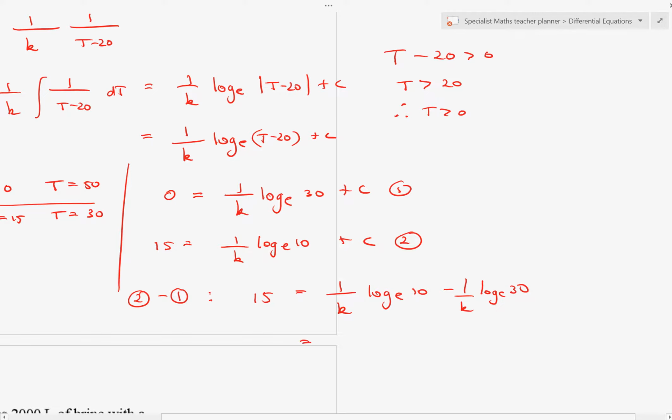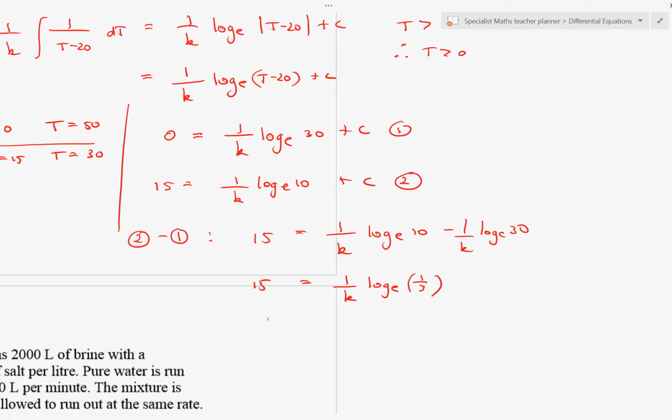Now we can apply our log laws, which is 1 over k log e to the 1/3. Do we agree? And now we can say that k is equal to 1 over 15 log e to the 1/3. Can we do anything with that?